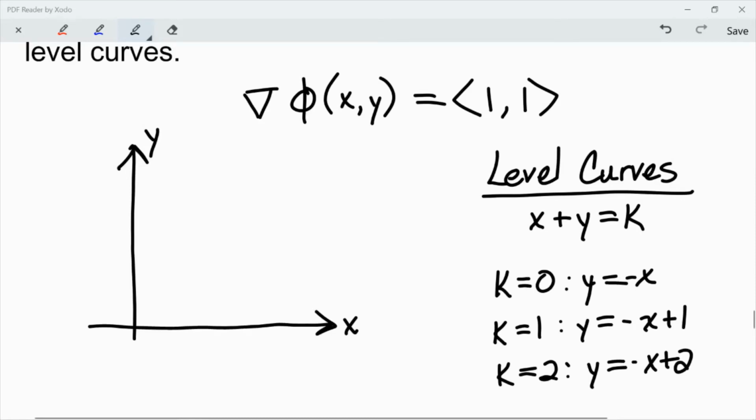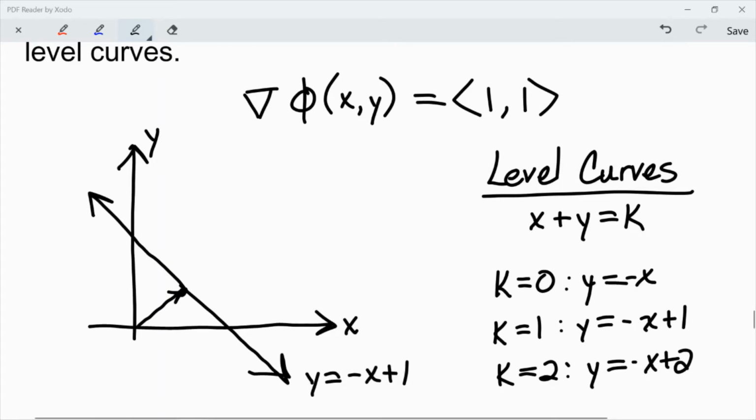Okay, so for example, this first one at the origin would look something like that. Well, that would put me here at the point 1, 1, right? Well, the point 1, 1, I've got this line going through it right here, and it's perpendicular to my level curve, which we had talked about before with our gradients being perpendicular to our level curve. This is my level curve, y is equal to negative x plus 1.